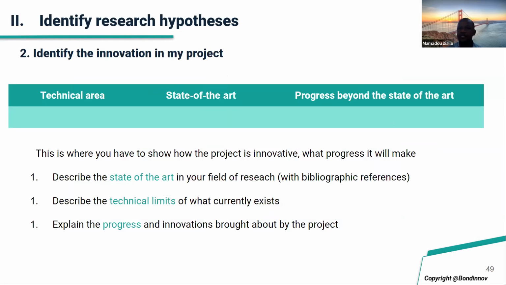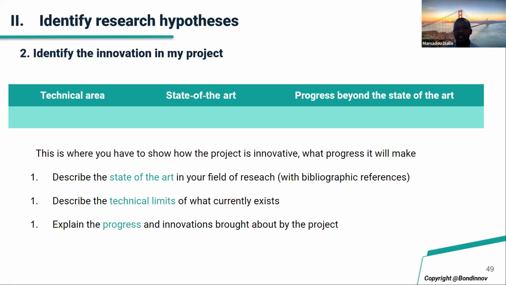Identifying the innovation in my project: technical area, state of the art, progress beyond the state of the art, etc. So describe the state of the art, and describe the technical limit of what currently exists. One of the participants asked yesterday if my project is addressing a problem that is already solved, can I ignore it or can I still work on it?